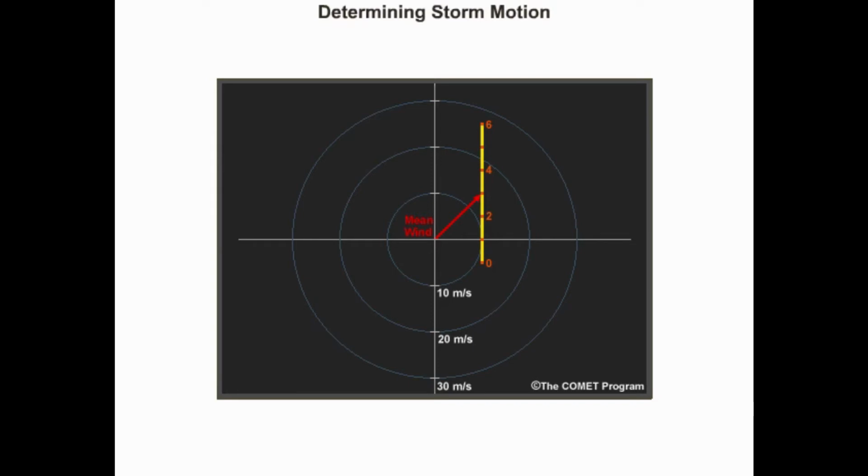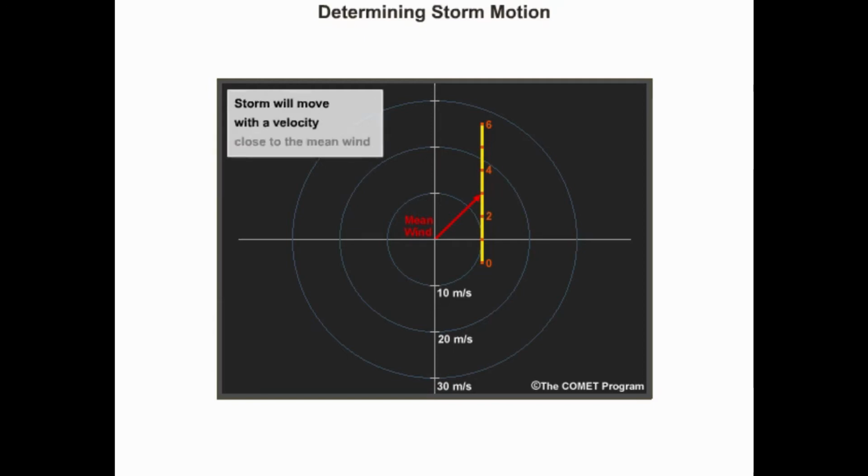We can assume, at least in the early stages of most convective storms, that the storm will move with a velocity close to that of the mean wind through the depth of the storm. Since both modeling and observations suggest that storm motion is most sensitive to winds in the lower levels, we calculate the mean wind through the depth of 6 kilometers AGL. Supercell motion will diverge from the mean wind, but that topic is discussed in another module.